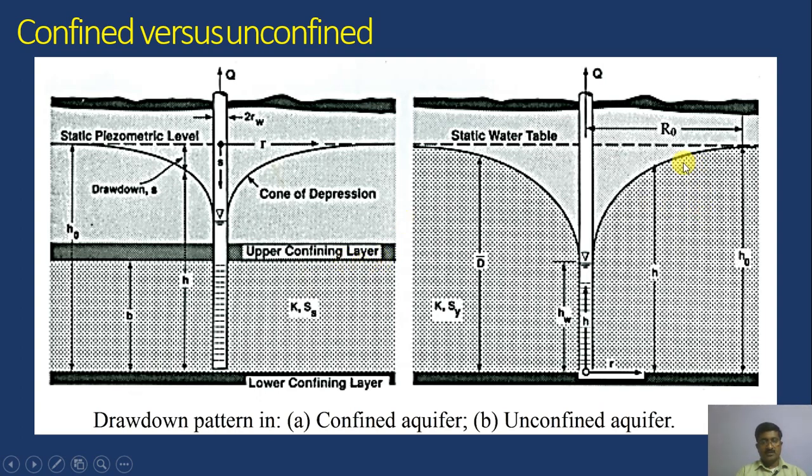In the unconfined aquifer, you can observe the static water table here, and there is no impervious layer above. As there is no pressure between layers, there is a difference in the cone of depression observed between the confined and unconfined aquifers.